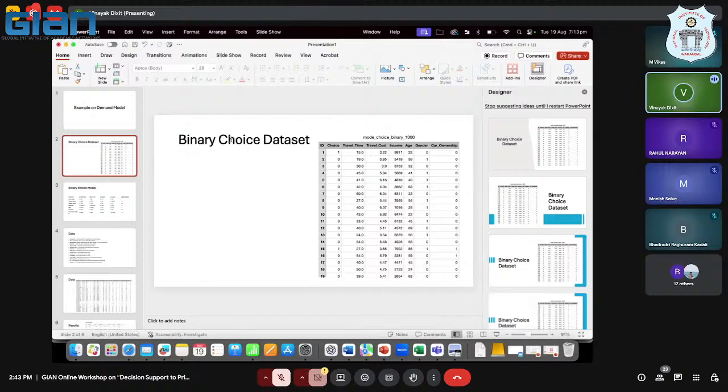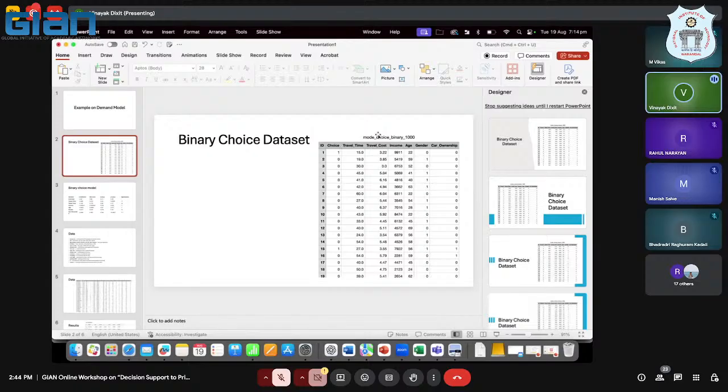So these are called choice IDs, and we'll do a different model after that, which is a multinomial. One way to think about it is different people have given their choices. So they have told us that this person chose a car, which has this travel time, this travel cost, and they've got this income, this age, gender, and this is their car ownership.